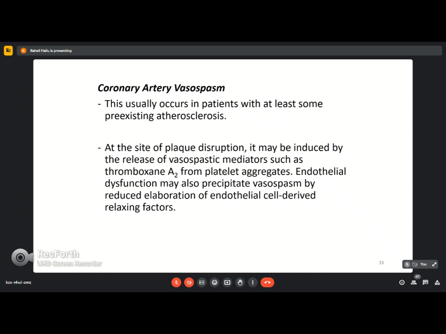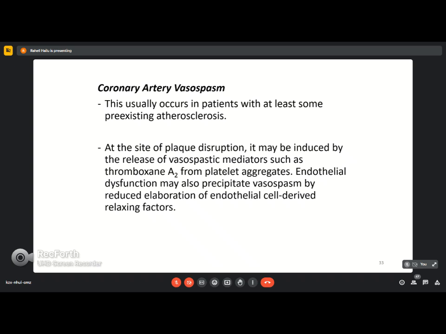Other than atherosclerosis, another cause of coronary artery obstruction is coronary artery vasospasm. It occurs in patients with some pre-existing atherosclerosis, but it can also occur independently on its own. It's usually induced by chemical mediators from platelets.